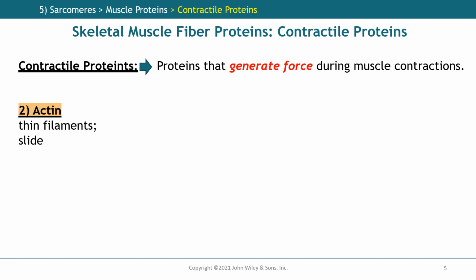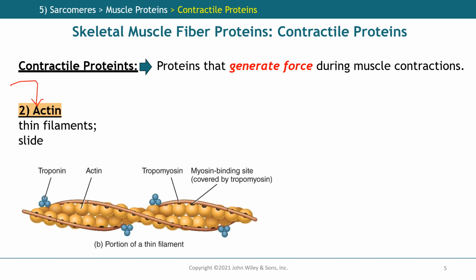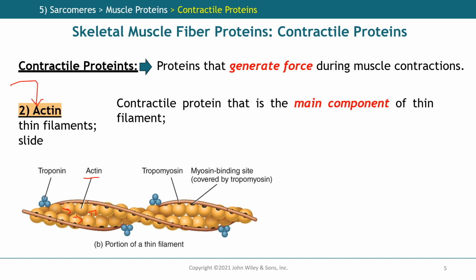In this slide, I'm going to talk about the second contractile protein, that is actin. Here I show you this schematic of your textbook that I will show you again multiple times. In yellow, you can see the molecule of actin. Here it is. So all these circles are representing the molecule of actin. And remember, the contractile protein that is the main component of the thin filament is actin.